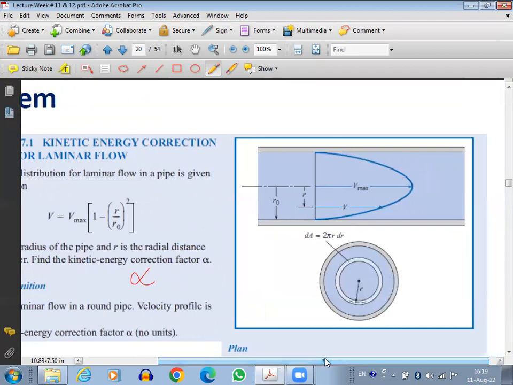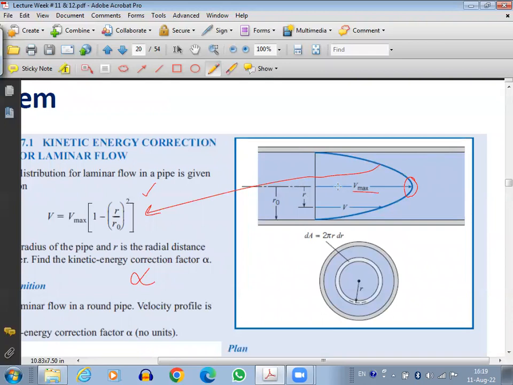Here in the diagram, it shows how the velocity profile is, and the equation for the velocity profile is provided here. This is the actual velocity profile. V max is the maximum velocity in the center, and the radius is taken from the center.